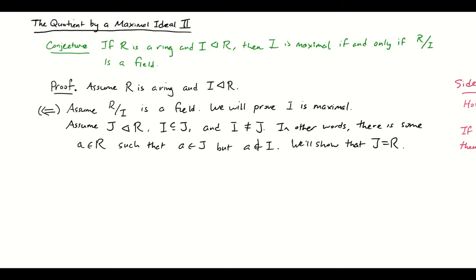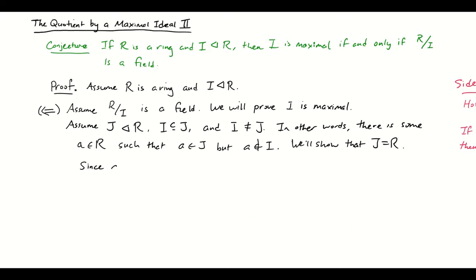So let's think about what we know here. We know that R mod I is a field. We're going to have to use that somehow. I mean, that's going to be essential to our proving that I is maximal. So how would we use the fact that R mod I is a field? Well, in order to use that fact, we need to somehow convert all this information that we have into information about R mod I. So what do we know?